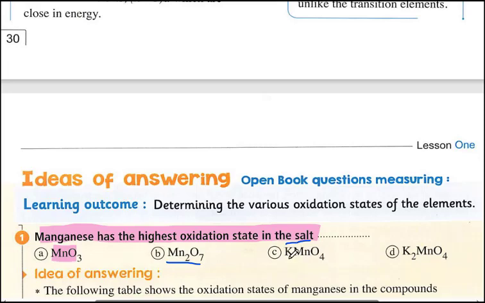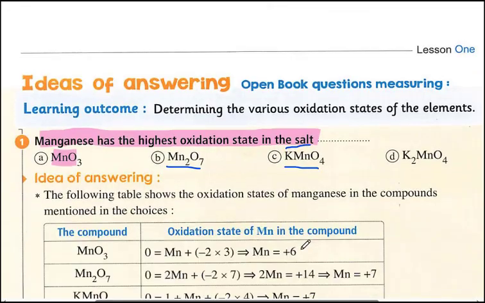So the net charge after the summation of potassium charge and oxygen charge, -8 and +1, is -7, and the whole molecule is neutral. So manganese in this case has an oxidation state of +7, and it is a salt, and it is the highest oxidation state.